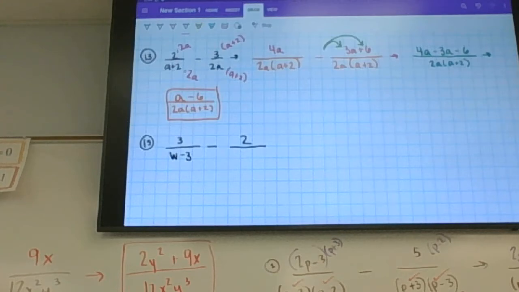W squared minus 9. Javier, can you factor that? Can you factor the denominator 15? W plus 3 and W minus 3.